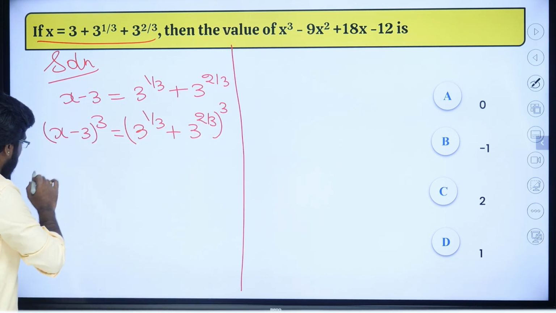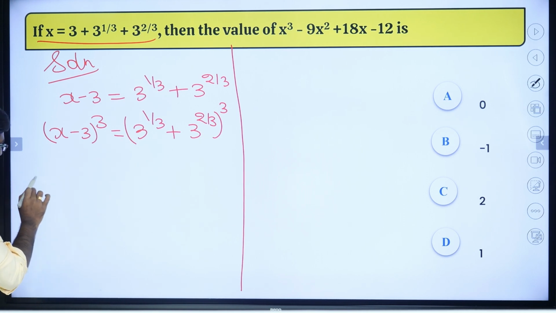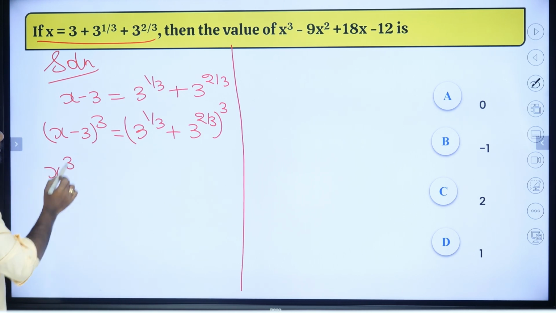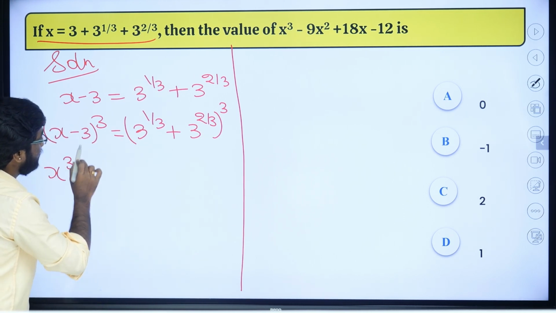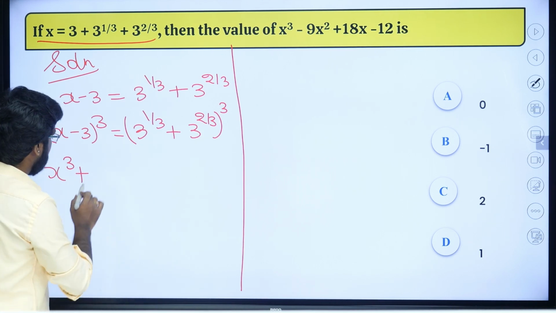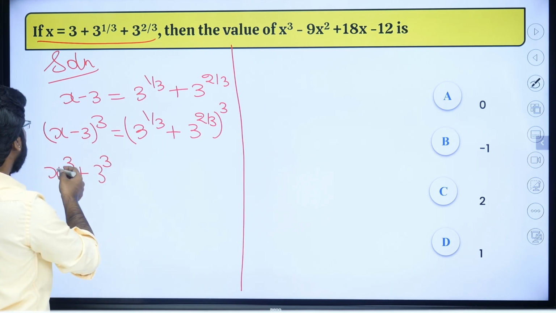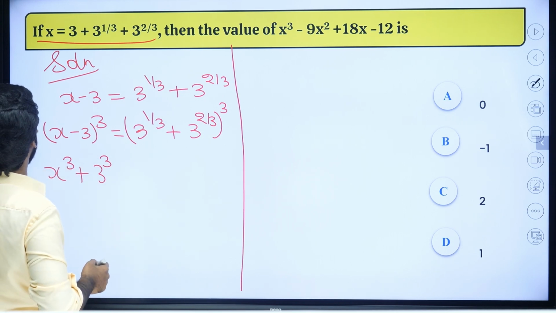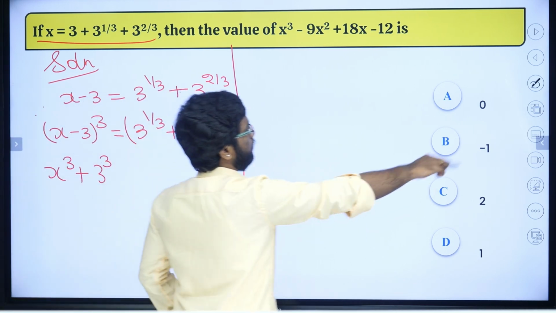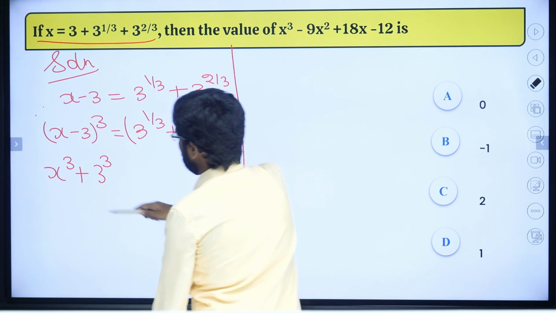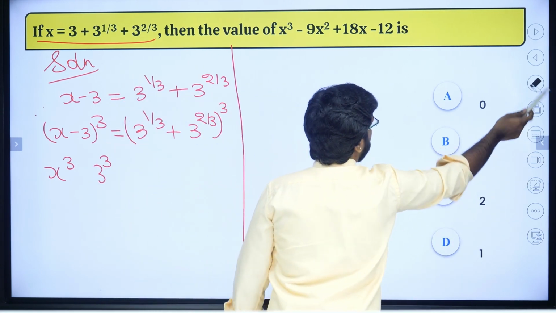Okay. Now let's expand it. So x cube plus 3 cube, first let me write the same way. Oh, here they have given minus. So here minus has to come.